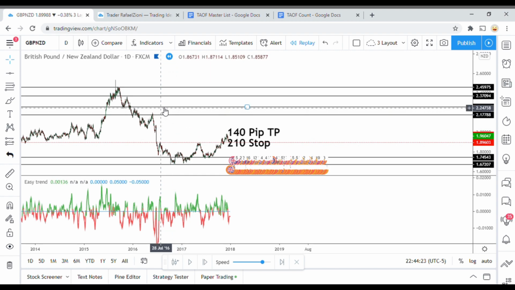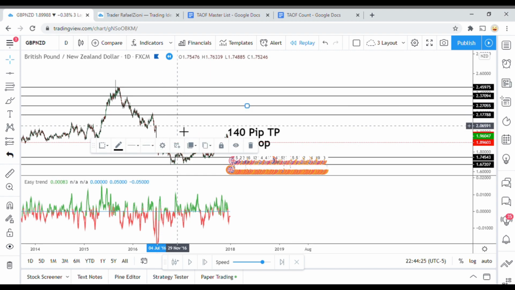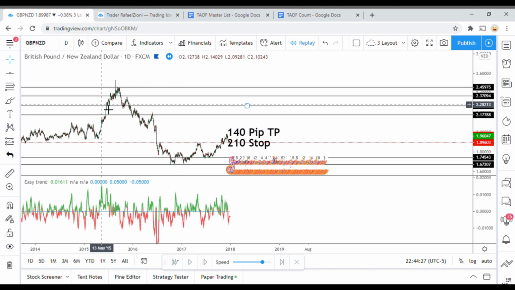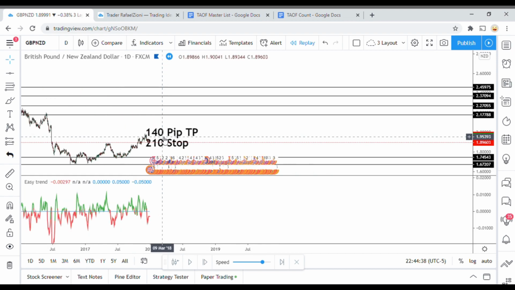Most of the time, you want to have a reaction, at least 2 reactions to that area to make it a legitimate area of market structure.